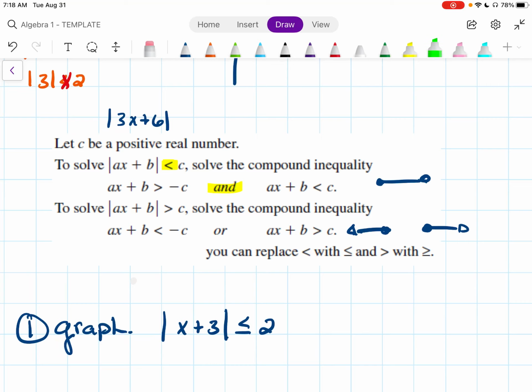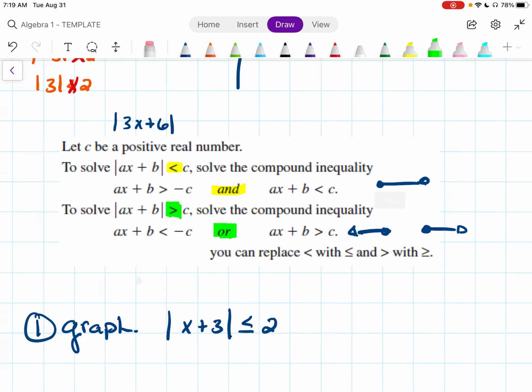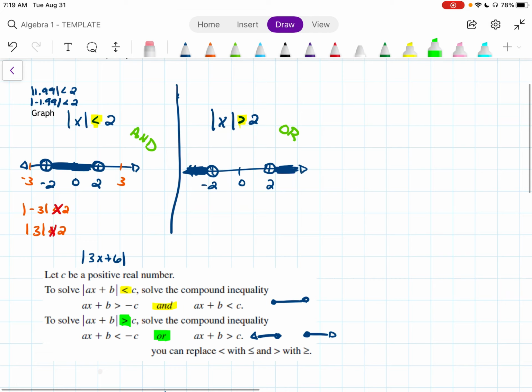Then we have this symbol where the absolute value bars are larger than c. We're going to end up using or. And that goes along with what we had up here. The inequality is pointing towards the absolute value bar. That's what we have right there. The inequality is pointing towards c. That's what we have right there.